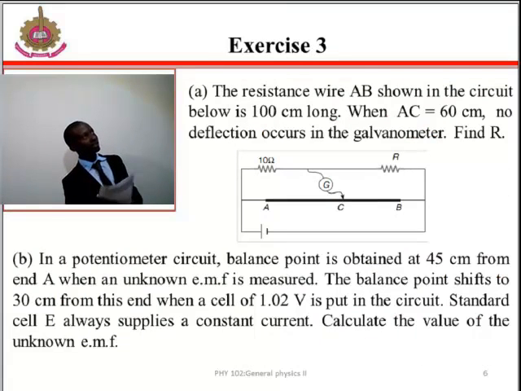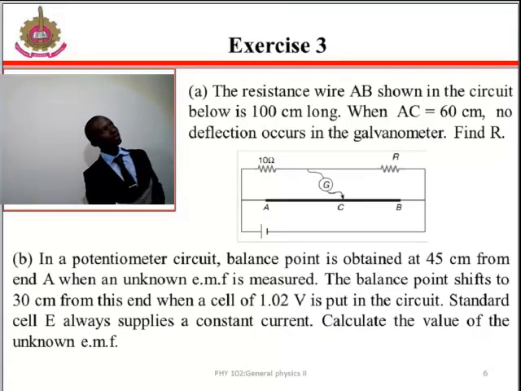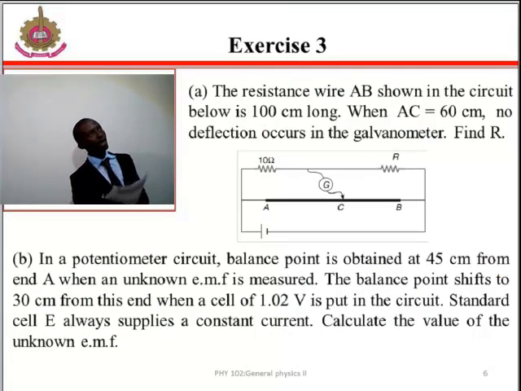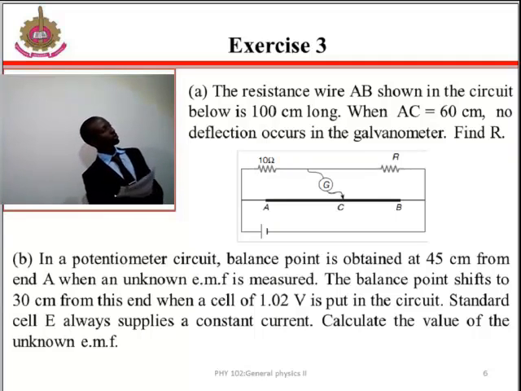Now practice this exercise 3. Exercise 3A. The resistance wire AB shown in the circuit below is 100 cm long. When AC is equal to 60 cm, no deflection occurs in the galvanometer. Find the resistance R. Question 3B.